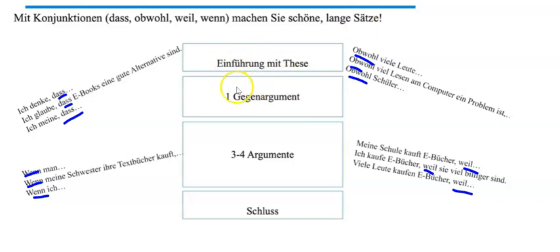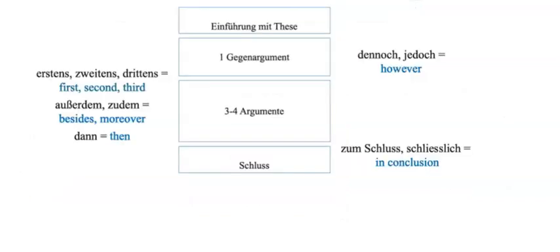And still thinking about, okay, how many paragraphs? Is this a 5 to 6 paragraph, mini paragraph essay? Okay, other things to think about are transitions. So, erstens, zweitens, drittens, außerdem, zudem, dann, dennoch, jedoch.